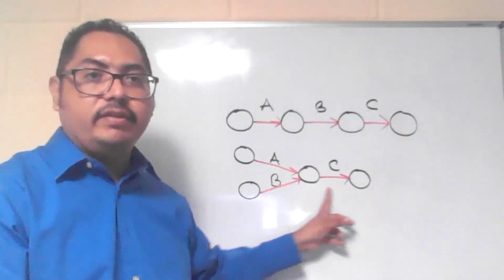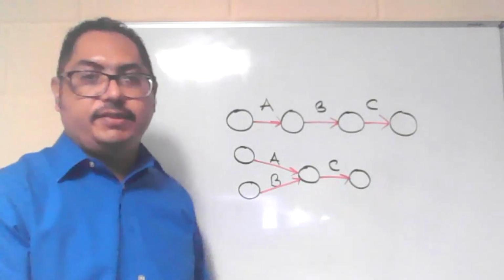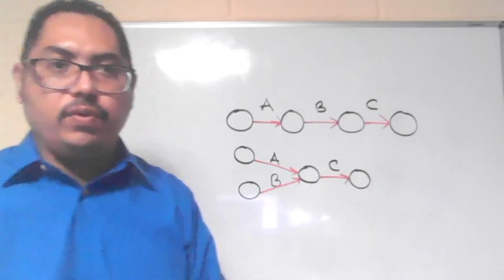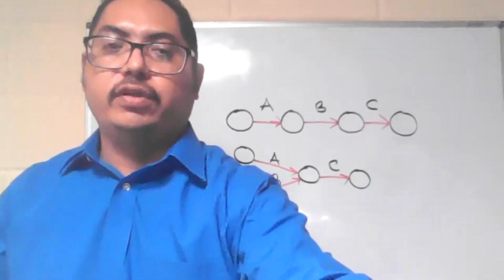So start of activity C, end of activity C. And that is the activity on arrow network that we have drawn.